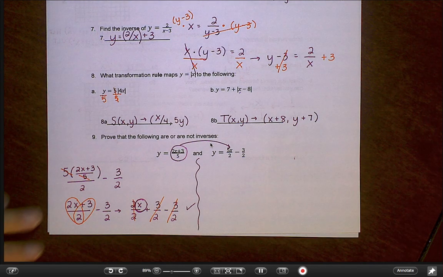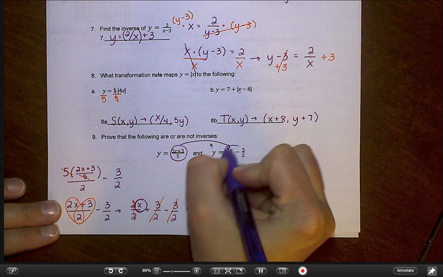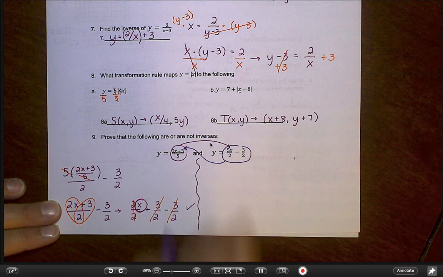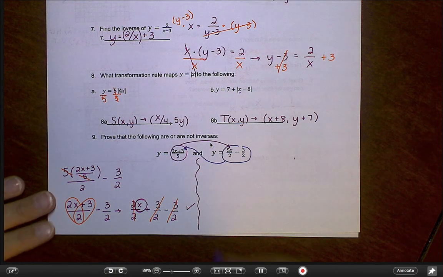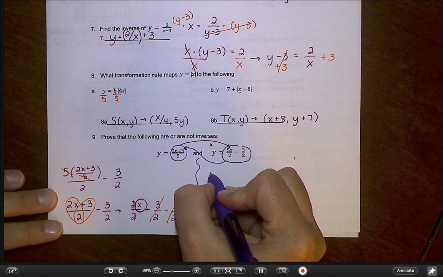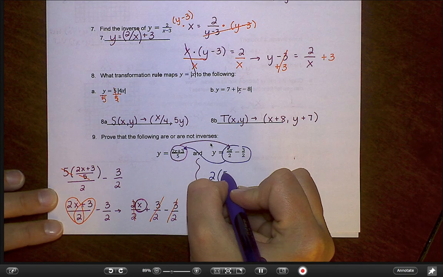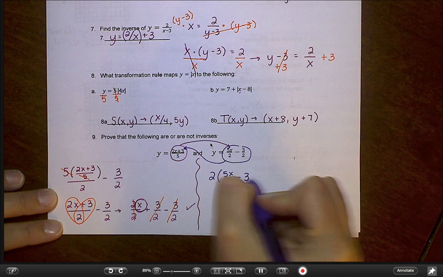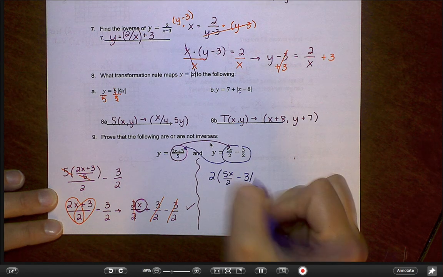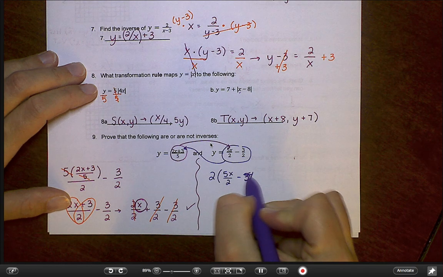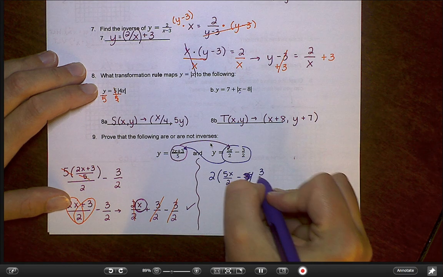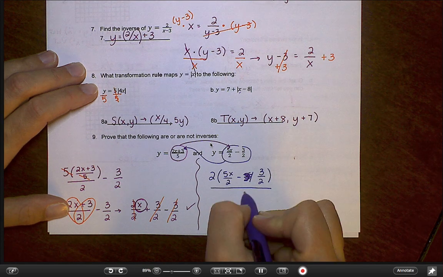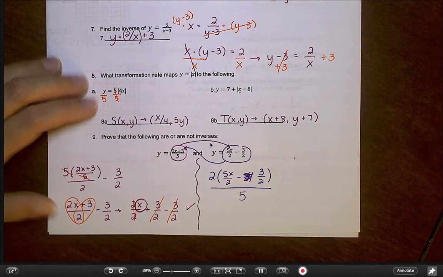So now I'm going to take this, the 5x over 2 minus 3 over 2, and plug it in for x here. Okay, so let's see what that mess is going to look like. So it's going to be 2 times (5x over 2 minus 3 over 2), and this is all over 5 from this original function.